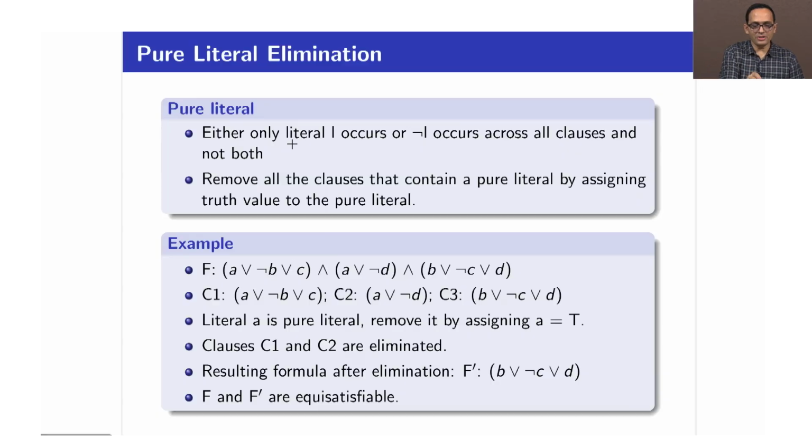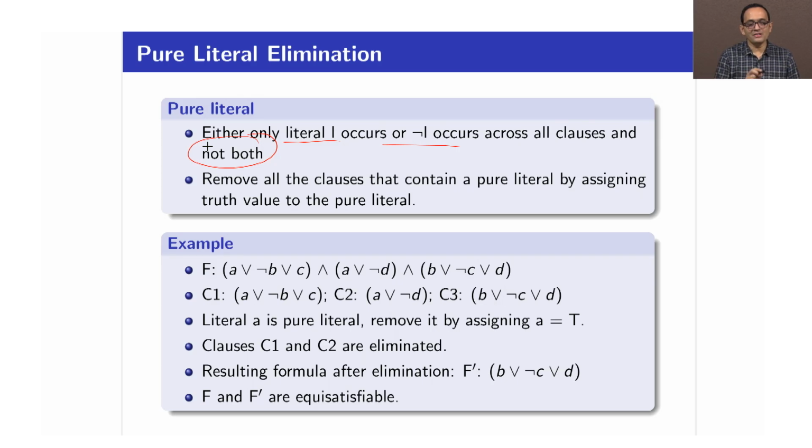It is not necessary that it has to occur in all clauses. It means that if there are 5 clauses, 2 of them contain L, but there is no clause that contains not L, right. So, then this L will be considered a pure literal, right.